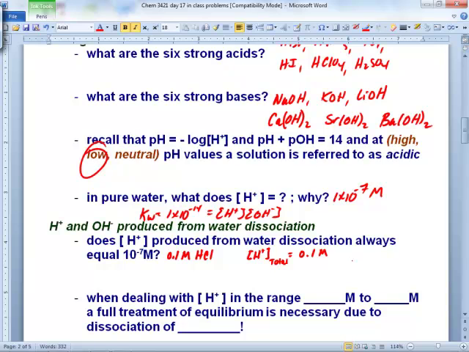Okay, if I calculate the fraction from water dissociation, H2O dissociation, that would be the fraction that's actually coming from water dissociation divided by our total, 0.1. How would we get that one? Nyla, how would we get that top one?